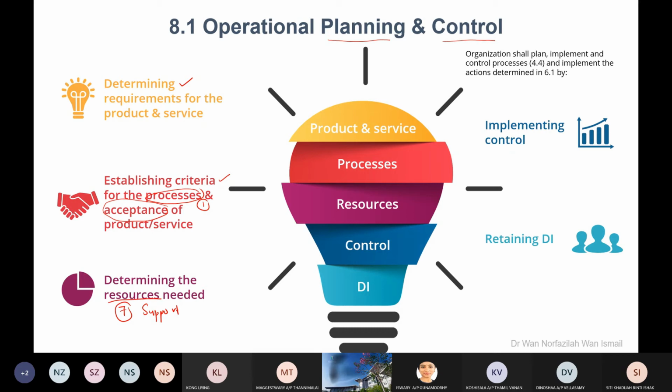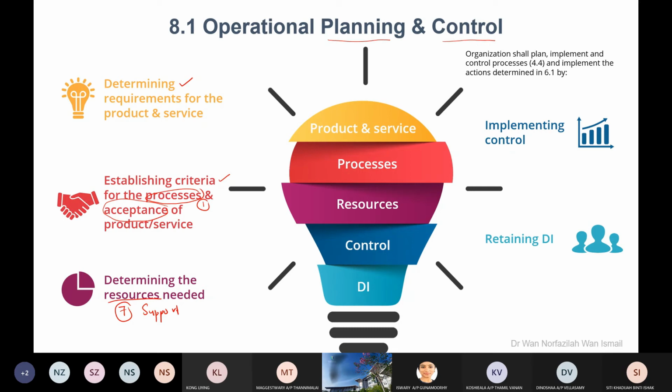All the clauses in ISO 9001 are connected to each other. They cannot stand alone. If you are certified with 9001, you cannot choose, I'm going to fulfill only clauses 1 and 6 because they are very easy to fulfill. No. Clauses 4, 5, 6, 7, 8, 9 and 10 are connected to each other.